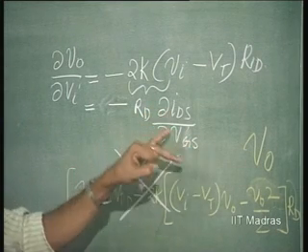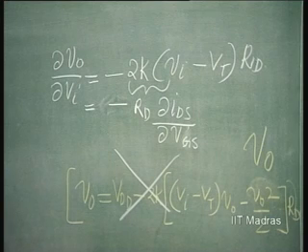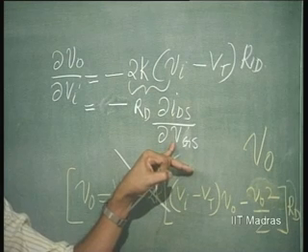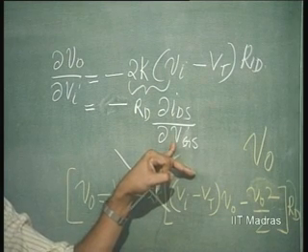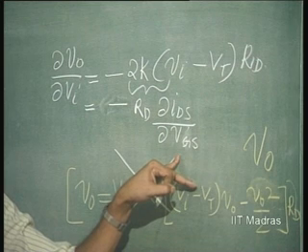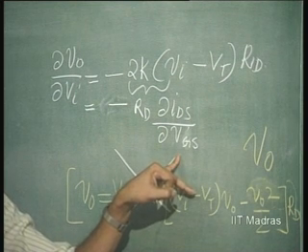So, this delta IDS by delta VGS is called the output current variation for an input voltage variation. It is called transconductance. Its magnitude is conductance. It is from input to output that the change has occurred.